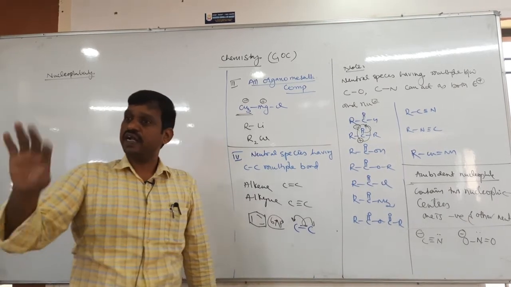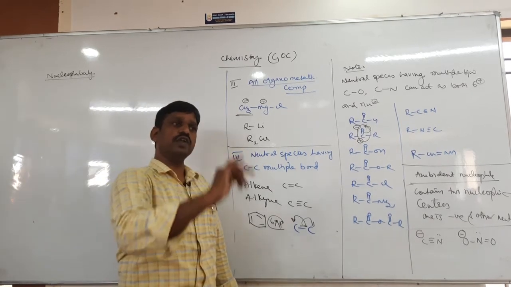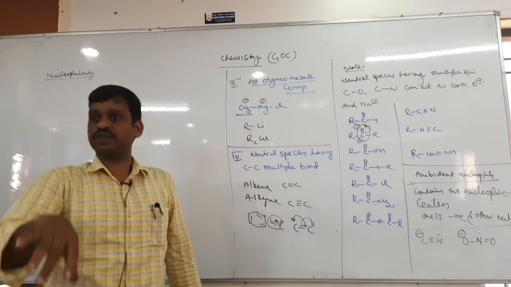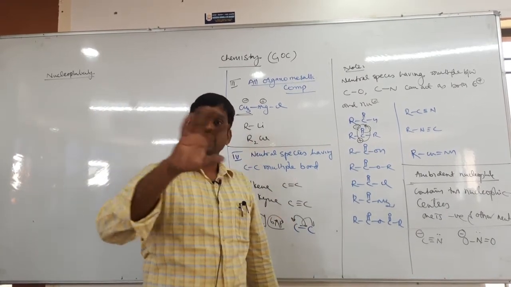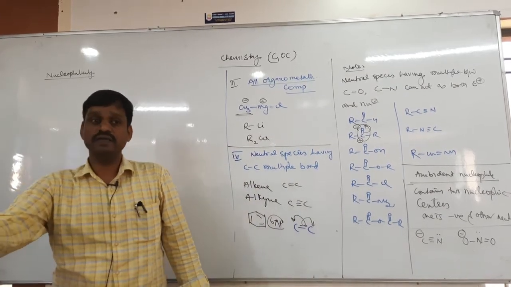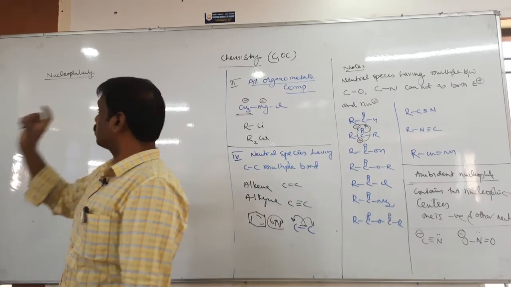A nucleophile always attacks the substrate. Both electrophile and nucleophile always attack the substrate. Then where does the nucleophile particularly attack? A nucleophile always attacks an electron deficient center. Therefore, what is nucleophilicity?